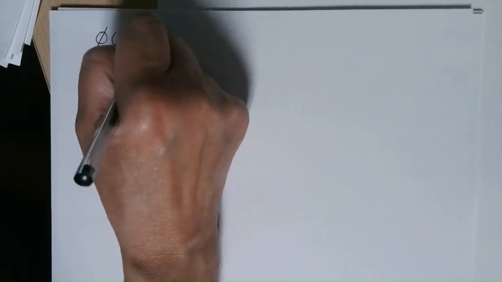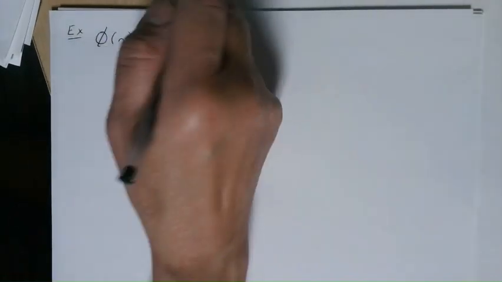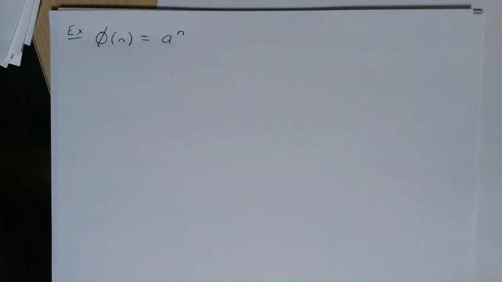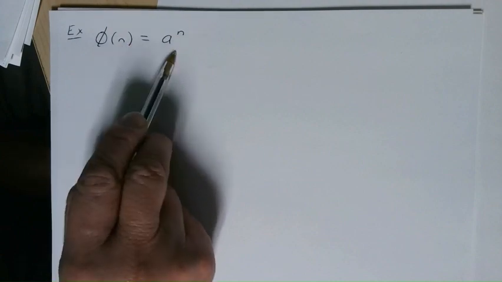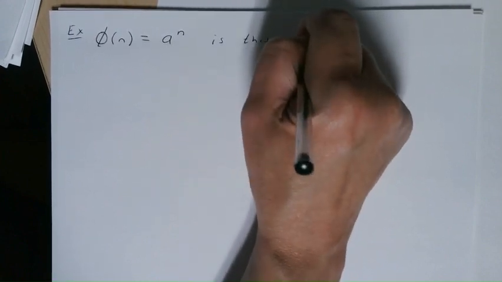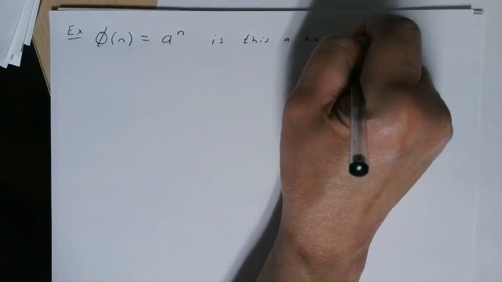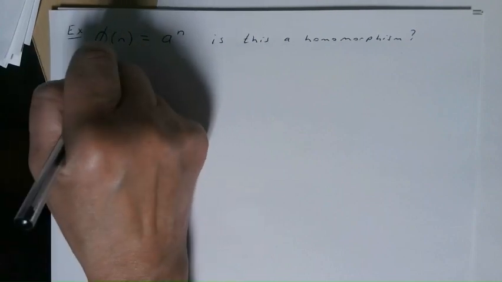Let's consider this function. Say it's a function on the integers, such that if you put in an integer n here, you get out a to the n, for some a. So this can be thought of as a function from the integers to some multiples of a. Is this a homomorphism? Let's check.